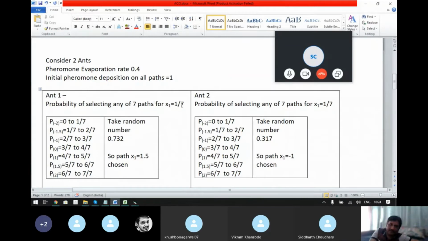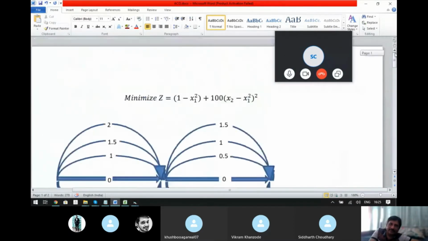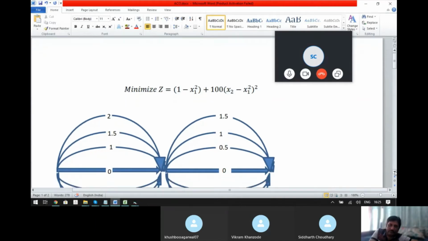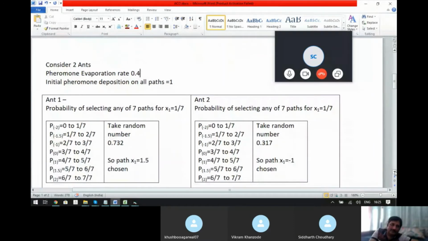The probability of selecting any of the 7 paths for x1 is 1 by 7. The segment from this point to this point indicates x1, and from this to this indicates x2. So for ant1, the probability of selecting any of the 7 paths is 1 by 7.